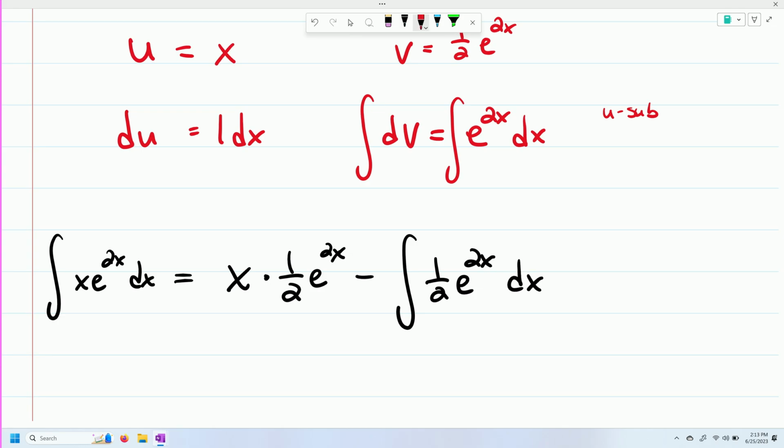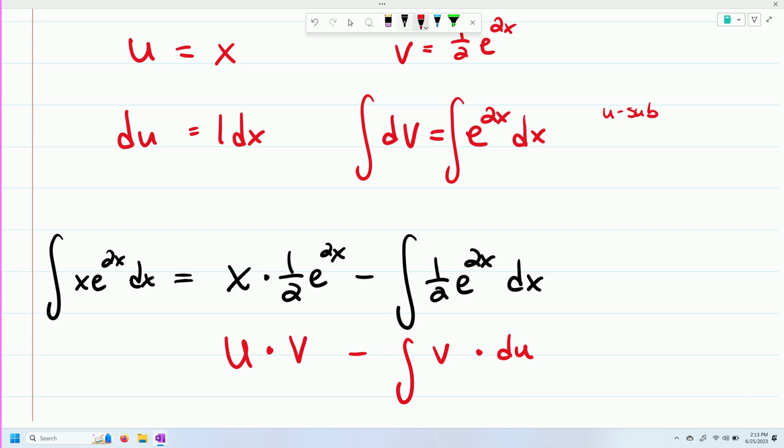This is u times v minus the integral of v times du. This is our integration by parts formula.